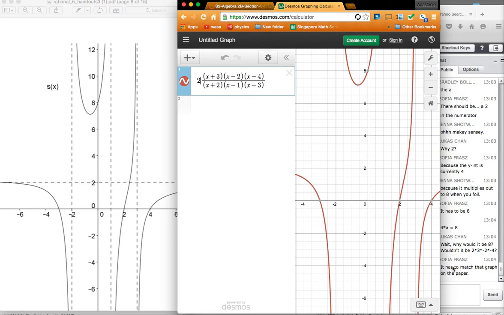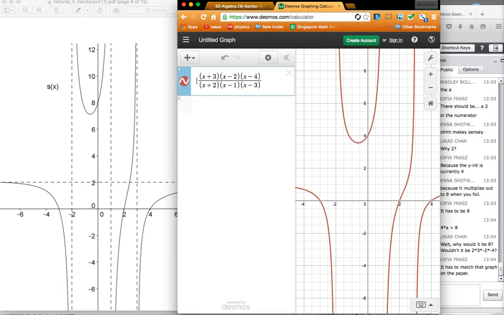Why would it be 8? Wouldn't 2 times 3 times... Okay, all right. Remember, Lucas, in order to find the y-intercept, you plug in x equals 0, okay? So if you wrote this thing down and wanted to know what 8 times -2 times -4 divided by 2 divided by -1 divided by -3 is, it's 4.